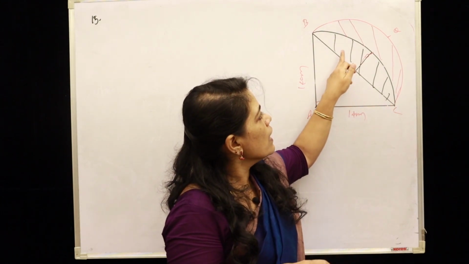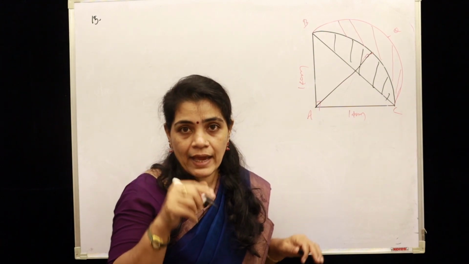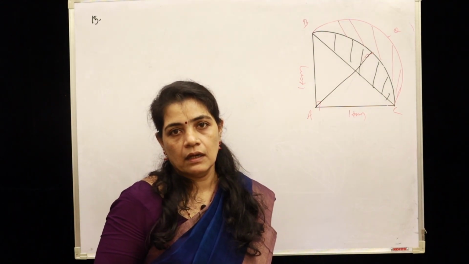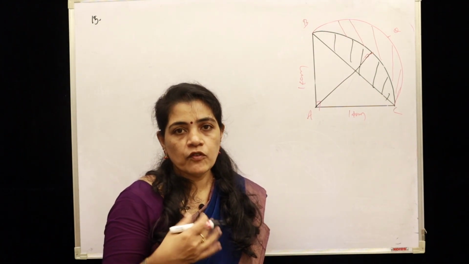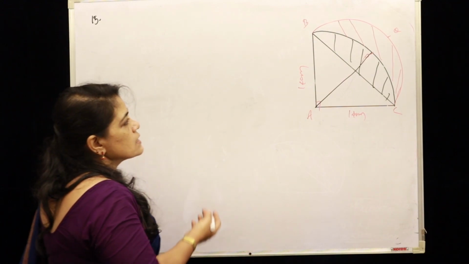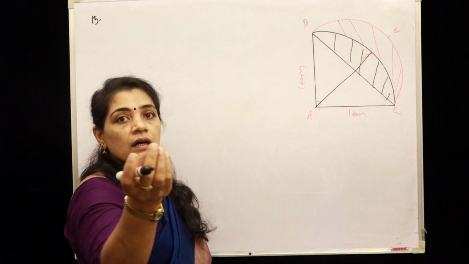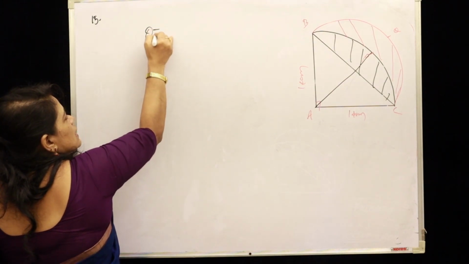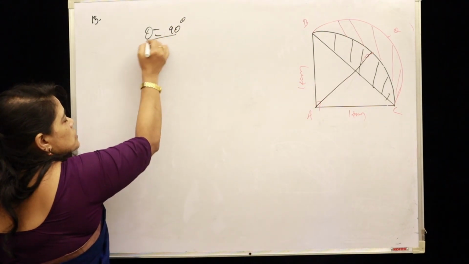Okay, that means we are going to calculate the area shaded with black. That should be subtracted from the area of the semicircle. Then you will get the actual area to be found. So that is the area of the segment when theta is equal to 90 degree, because the quadrant is 90 degree.